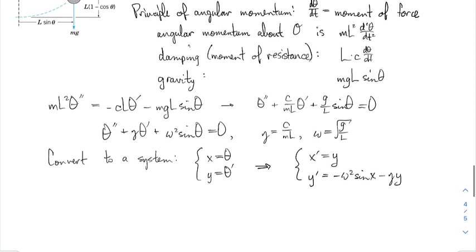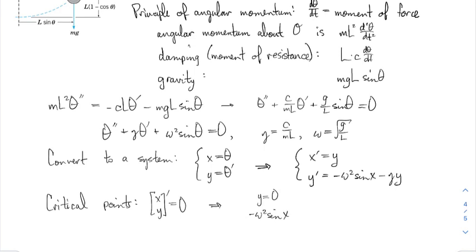And now to look at the critical points of this system. So this is when the xy vector is equal to 0. Well, then that's going to be either when y is equal to 0 from the first equation there, or when minus omega squared sine x minus gamma y is equal to 0.